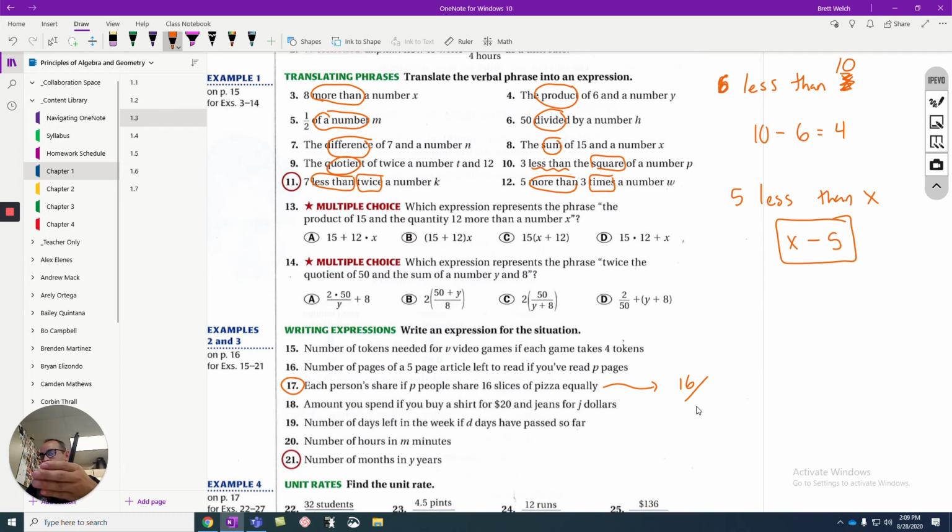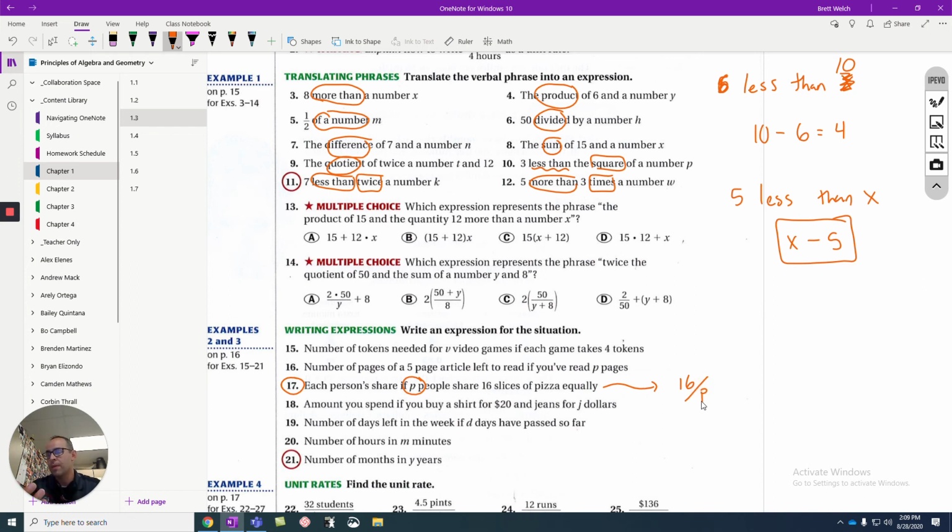Well, if I had 4 people, I would divide by 4. If I have 2 people, everybody gets 8 pieces, but I would divide by 2. So however many people I have, I want to divide by that. They didn't tell us how many people. They said it's going to be the letter P because we're not sure yet. And so we will put the letter P here, representing whatever that turns out to be.